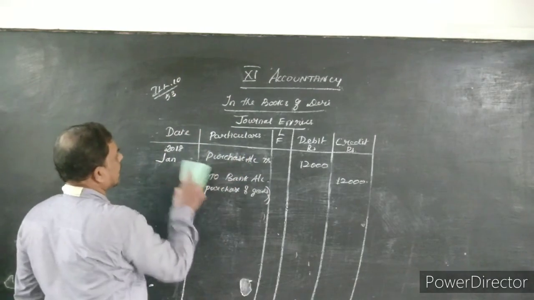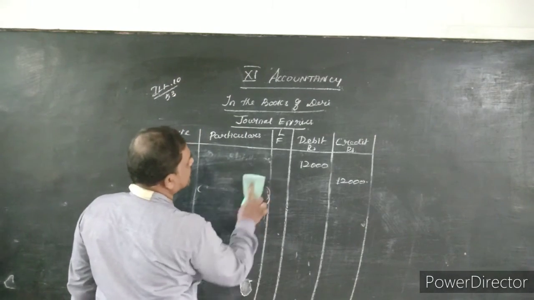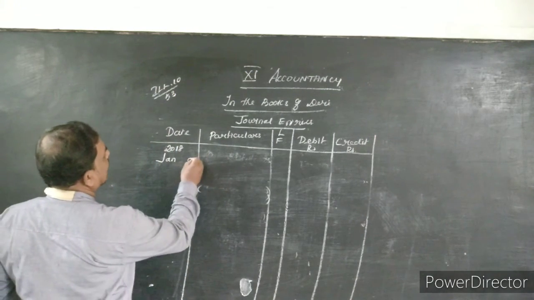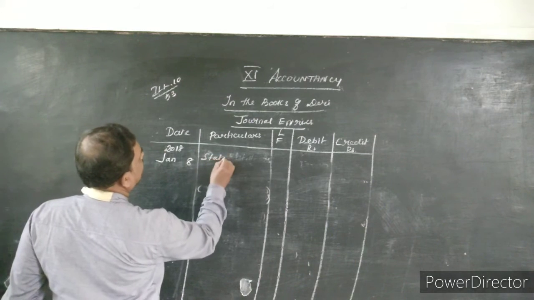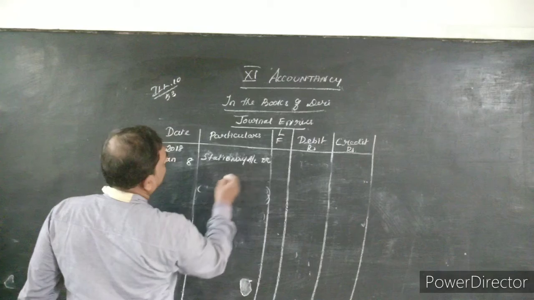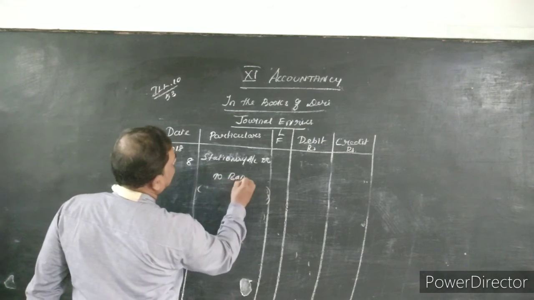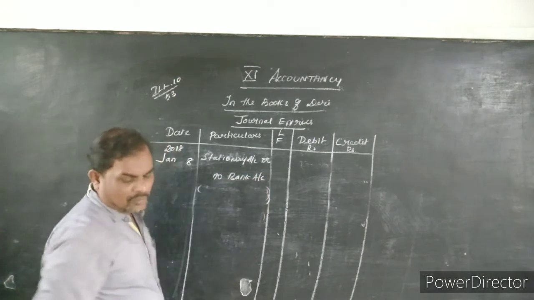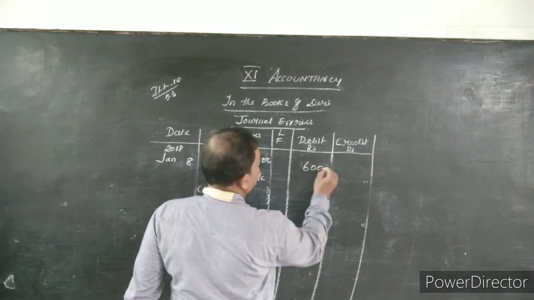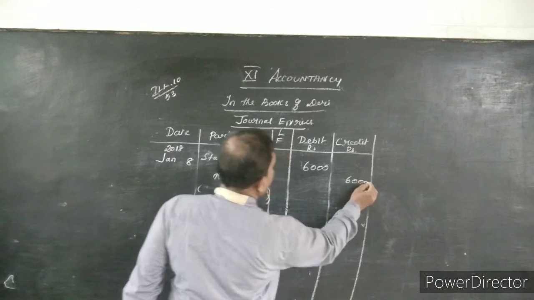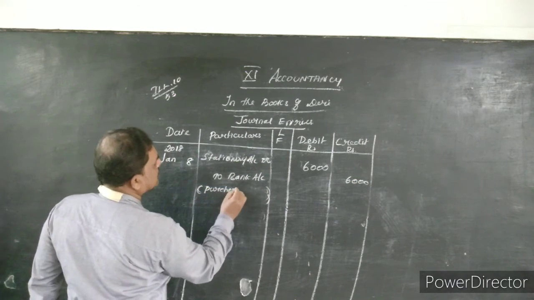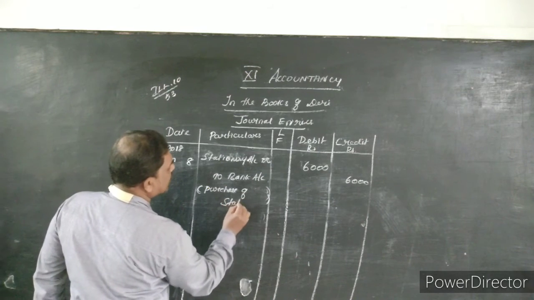So January 9, stationery account debit to bank account. What is the amount? The amount is rupees 6,000. So debit 6,000, credit 6,000. Narration is purchase of stationery.